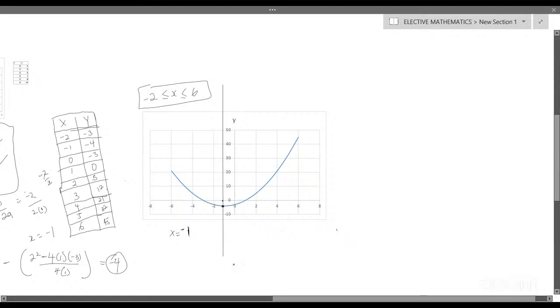When we say something is symmetrical, it means one side mirrors the other. So this side is a mirror of this side, and the line that creates that mirror is what we call the line of symmetry.